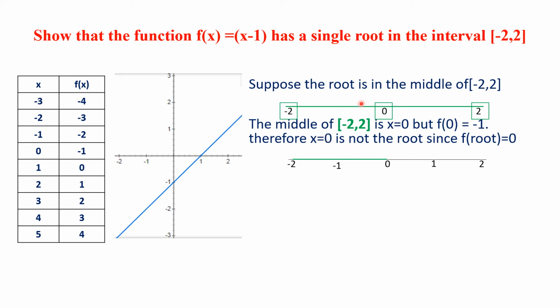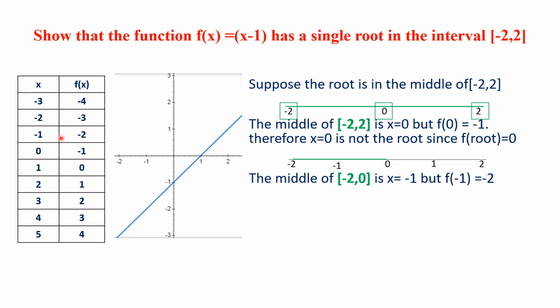Now we have to go to the left half and try to see whether the middle point in the left half is the root. We will do the same test. The middle point between -2 and 0 is x equal to -1. Here is x equal to -1.